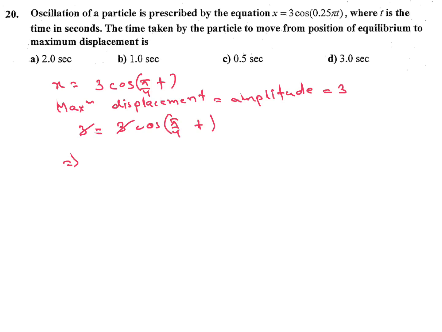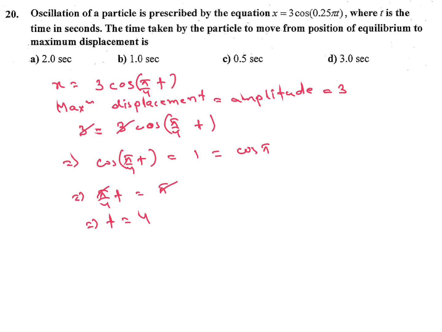Maximum displacement equals amplitude equals 3. So 3 = 3 cos π/4 t. 3 cancels. Cos π/4 t = 1 = cos π. So π/4 t is π, so t equals 4 for maximum displacement.